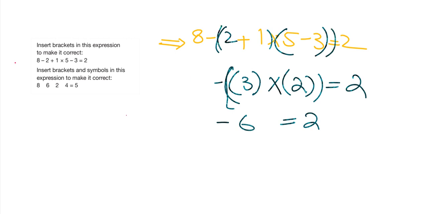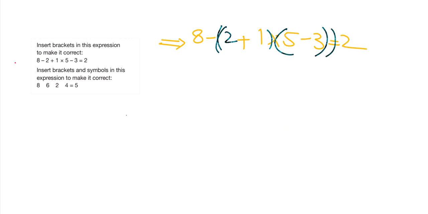Okay, let's check out the next example as well. Over here we have to put the symbols of brackets as well to get the answer 5. Okay, let's see. Here 6, 2, 4 equals 5.